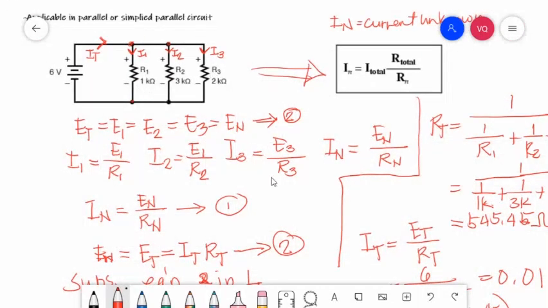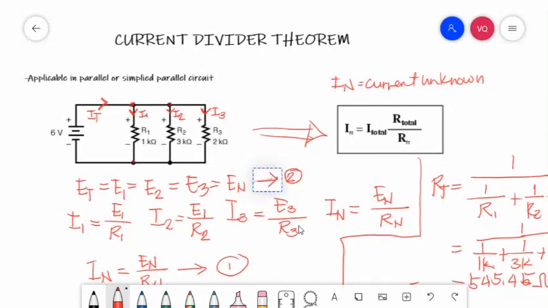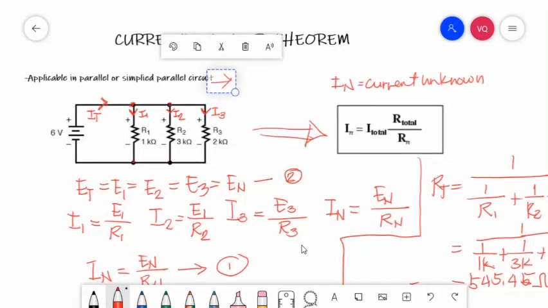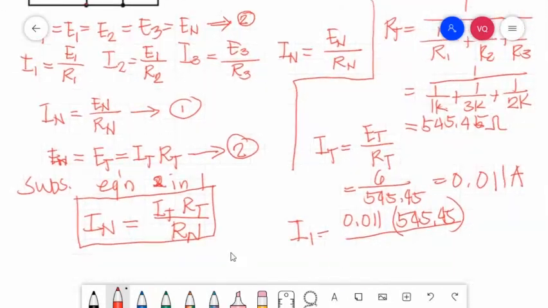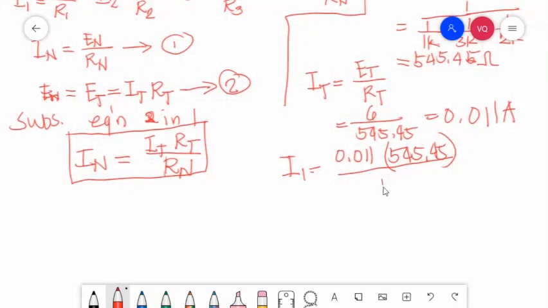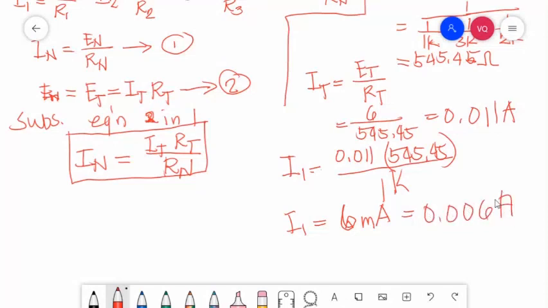We have 1 kilo ohm. Divided by 1K. So, I1 is equal to 6 milliampere, or 0.006 ampere.